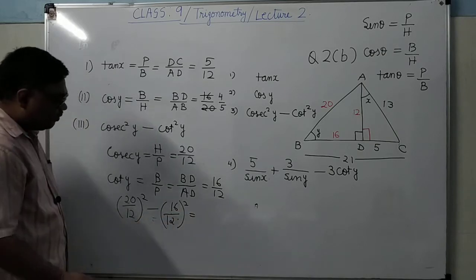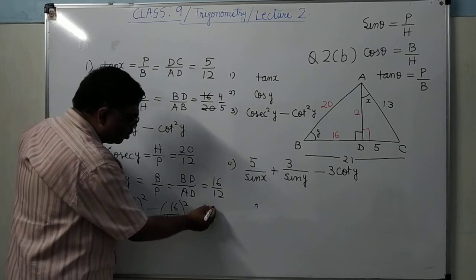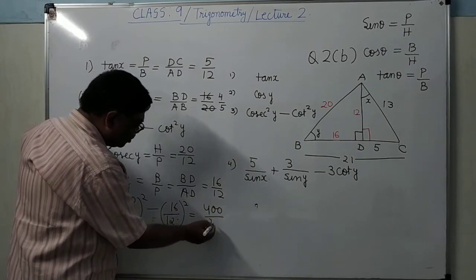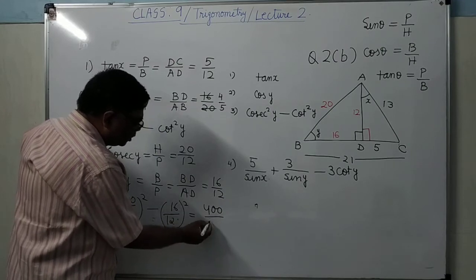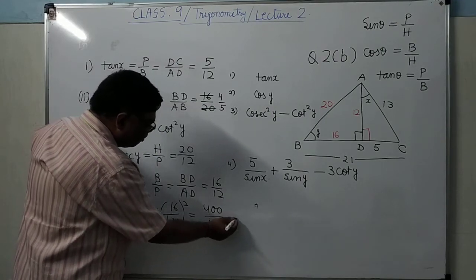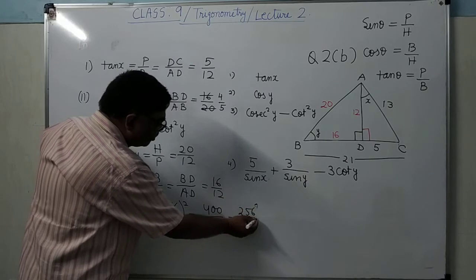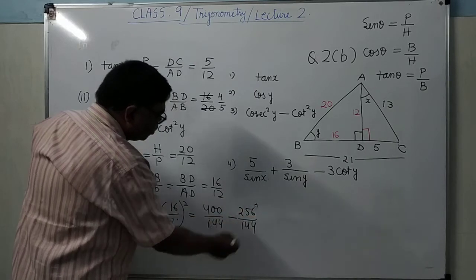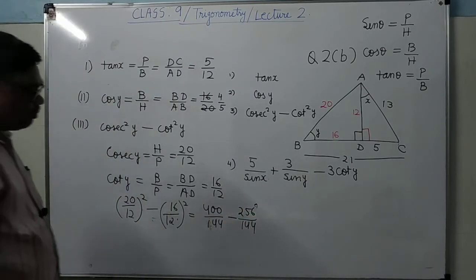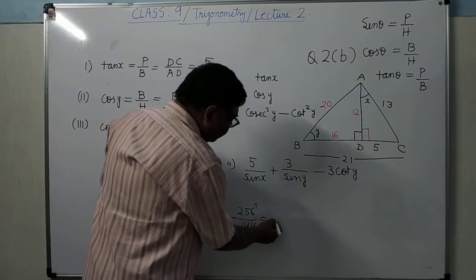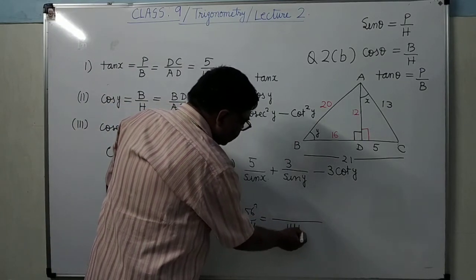So you can simplify. 400 upon 144, since 12 square is 144, minus 256 upon 144. What will be the LCM? LCM will be 144.